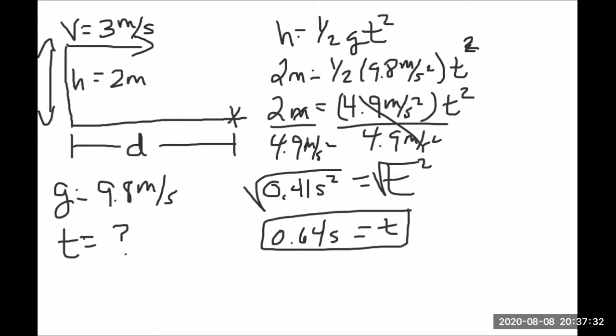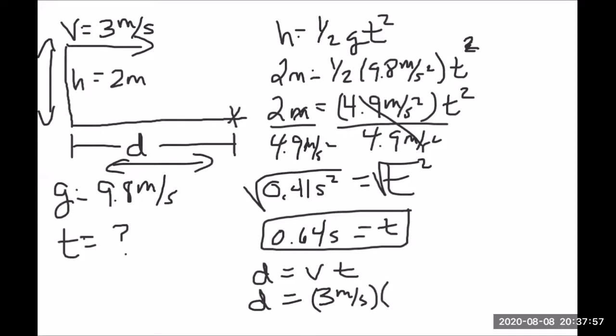Now I need to know the distance. Well, distance is horizontal. Our velocity is horizontal, so we can mix those two and we can use d equals vt. D equals vt works really great for average velocity and for constant velocities. So my distance is what I'm looking for. My velocity is 3 meters per second.